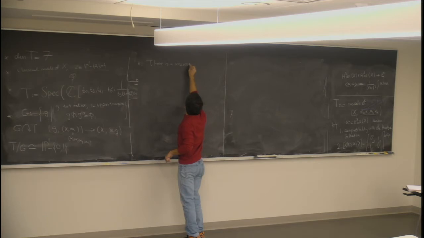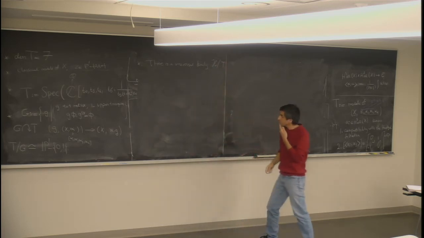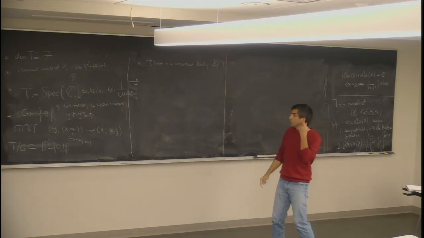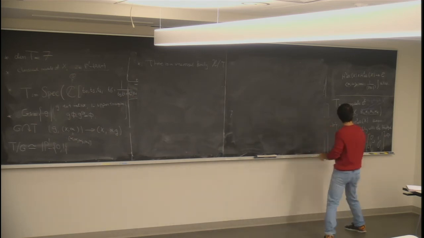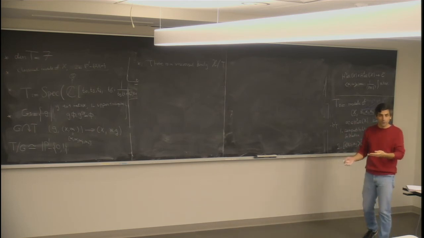When you have a family of varieties, you have the notion of the Gauss-Manin connection. It will be a connection on the cohomology bundle.